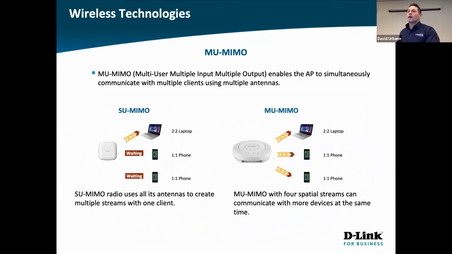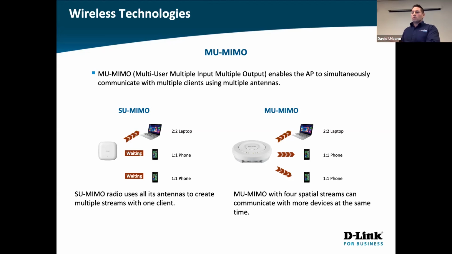Now, another technology that we need to look at is the MIMO technology, or multiple input, multiple output. Since 11N Wi-Fi 4, we used to see that we could increase the amount of antennas to communicate with different clients. However, these antennas wouldn't be able to support more than a pair of clients, right?